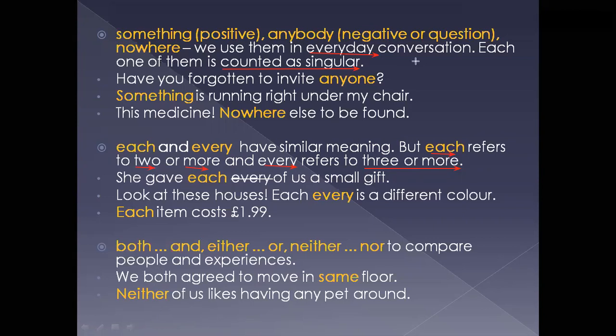It's used to compare things that are the same. Compare people. And for neither, it means that neither of us likes having any pet around. What does this sentence mean? It's negative, which is none, right?